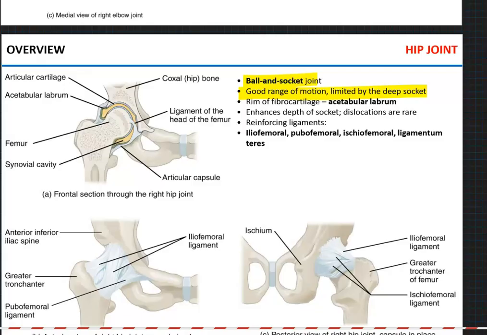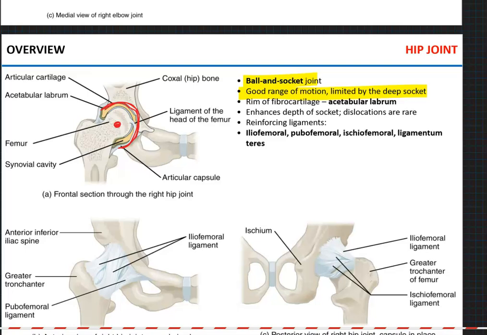So, why? Well, first of all, when the head of the femur fits in the acetabulum, that's a pretty good fit.